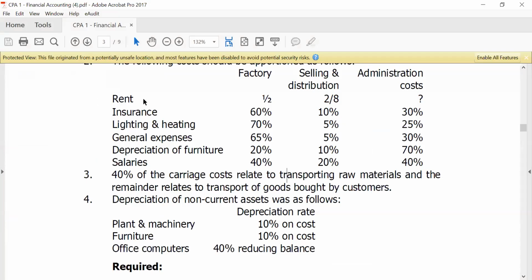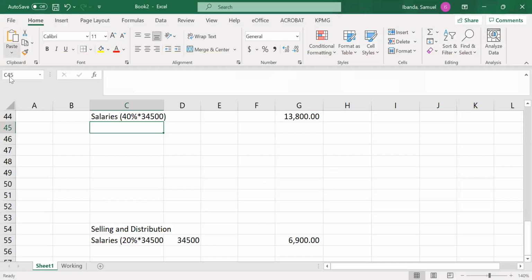The next expense I'm going to look at is rent. Now rent, you get to realize that for administration, they gave us a blank figure. So we just have to calculate that percentage. I'll record rent here and also record rent here.